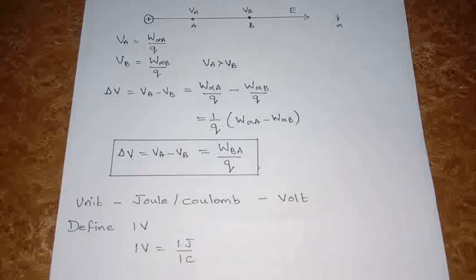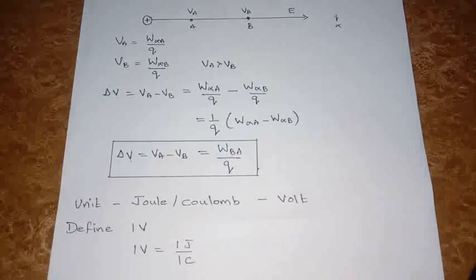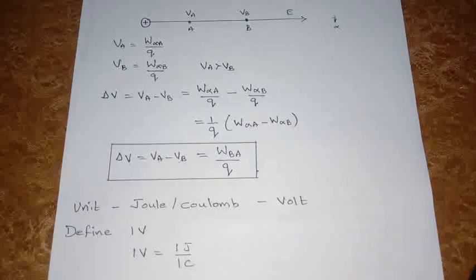What is 1 volt potential or 1 volt potential difference? Answer: 1 volt is equal to 1 joule divided by 1 coulomb. If 1 joule of work is needed to take a unit charge from infinity to a particular point, the potential of that point is 1 volt.